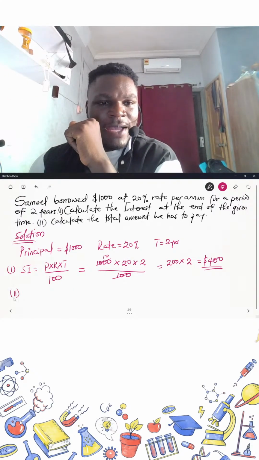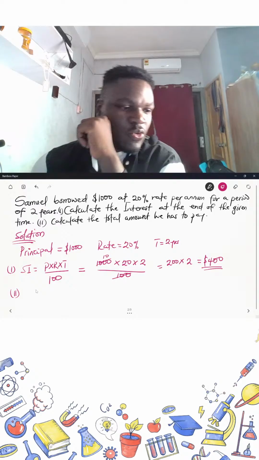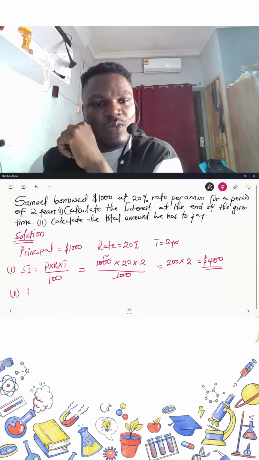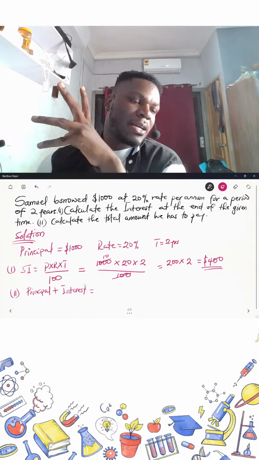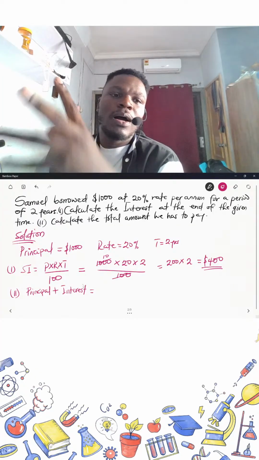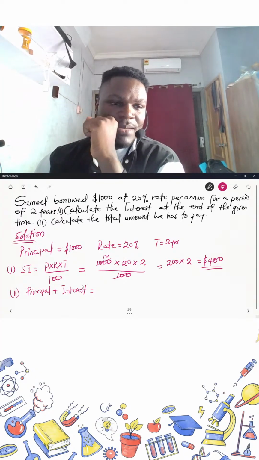Now the II, which is saying the total amount I need to pay. So the total amount I need to pay is the principal plus the interest. Okay, so this is the amount of money that I'm going to pay back to the bank for lending me the money.